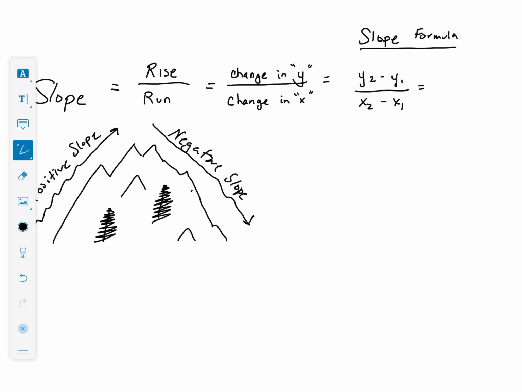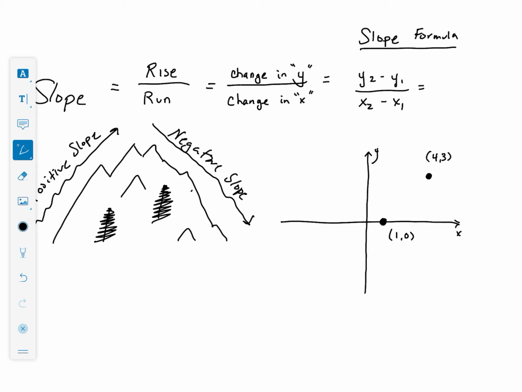Let's take, for example, our coordinate plane that looks something like this. We have our y-axis and our x-axis. And perhaps we're given the point 1, 0, and the point 4, 3.